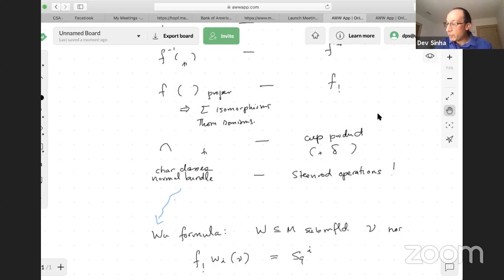That cohomology class is Sq^i on the cohomology class represented by tau W. So this is well known, and sometimes you can take this as a definition of the left-hand side, but geometrically I think of it more as almost a definition of the right-hand side.